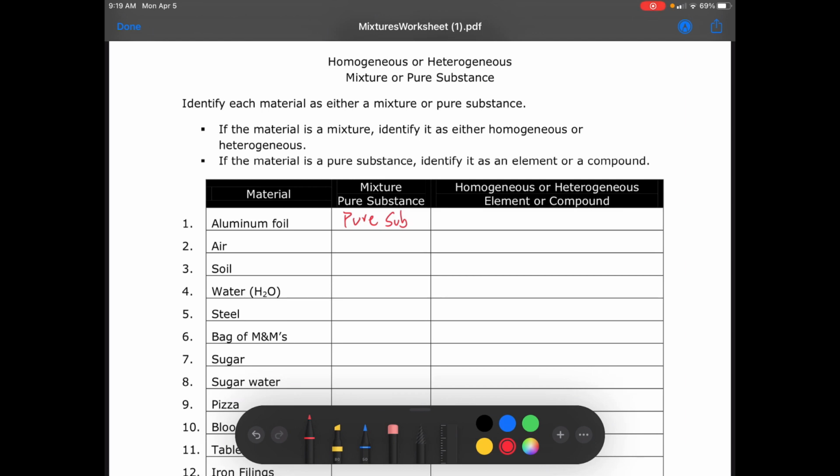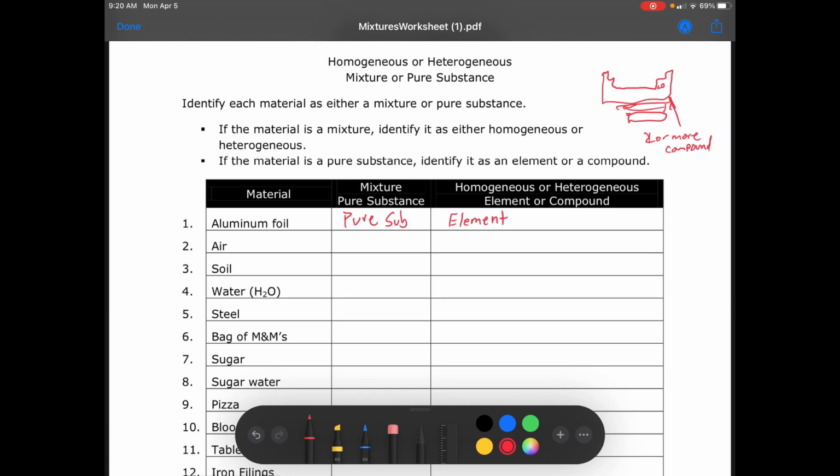Aluminum is going to be right here on the periodic table, and that is an element. The way you find out if it is an element or a compound is that if it combines two or more elements, then it is a compound, okay? But it's still a pure substance.